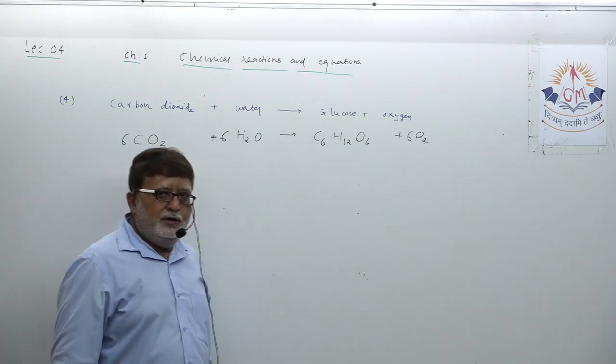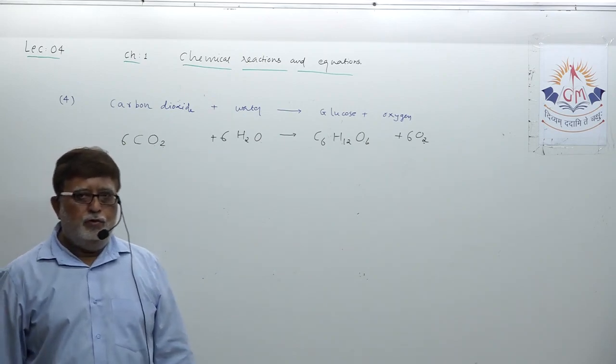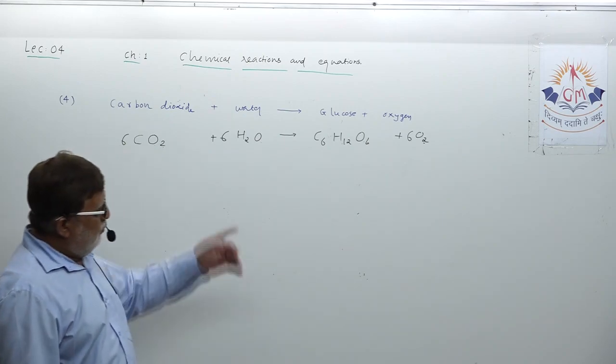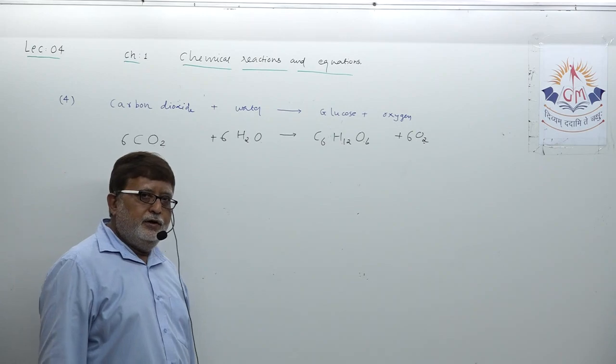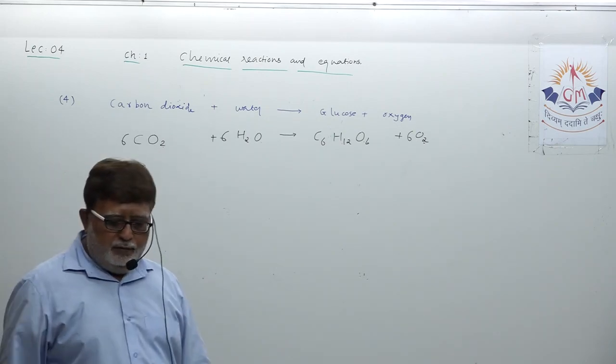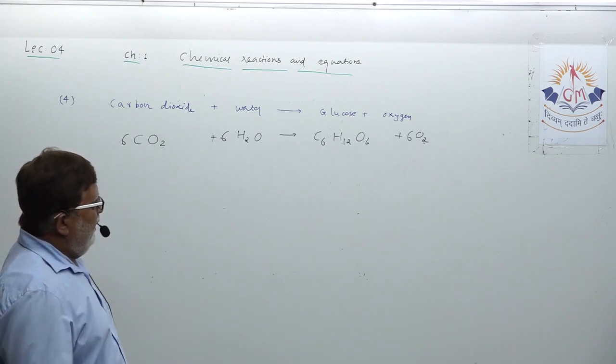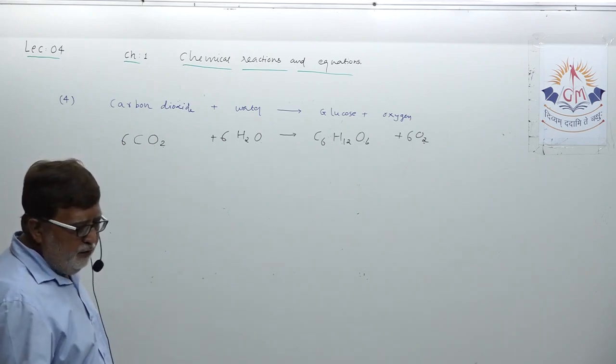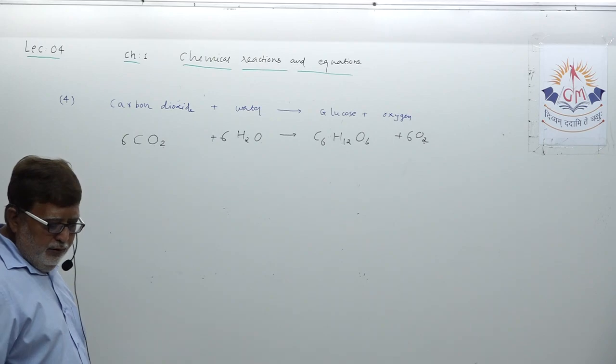So I targeted the last formula and I put prefix 6. 6 times 2 is 12 plus 6, 18. Understand? So this way, any chemical equation can get balanced. Okay, dear student? Is this clear in your mind?